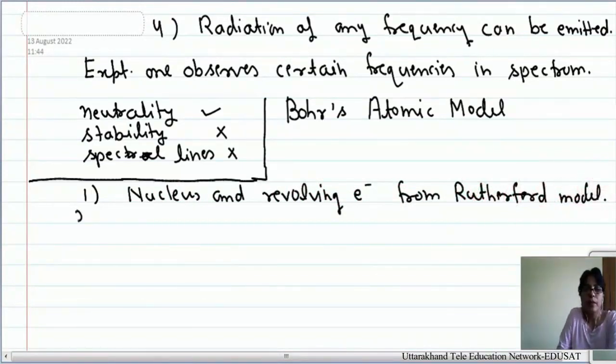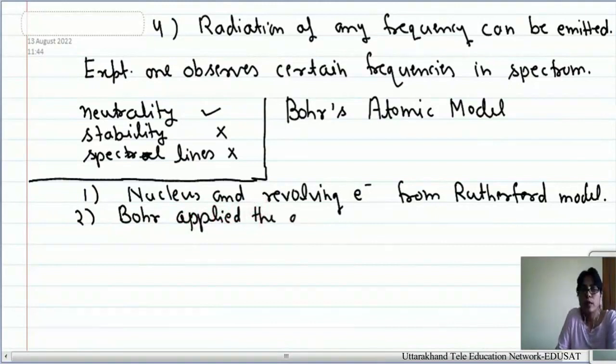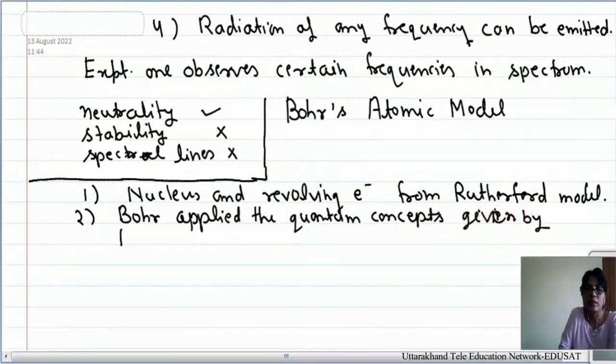and then Bohr applied the quantum concepts given by Planck and Einstein.